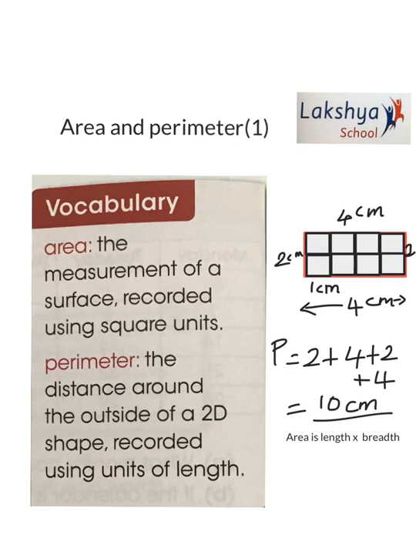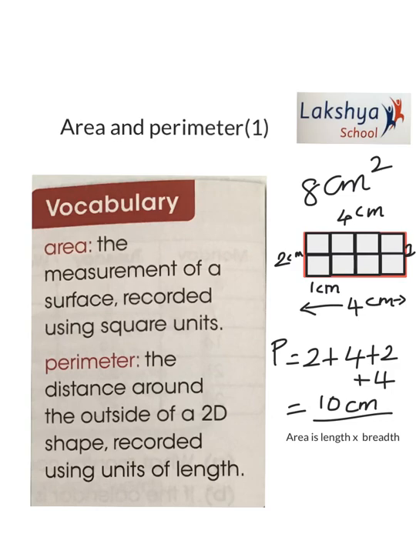Now, how do you find the area of this shape? We know that the area is length into breadth, or we can even count how many squares there are. That is 1, 2, 3, 4, 5, 6, 7, 8. So the area of this rectangle is 8 centimeter square or 8 square centimeter.